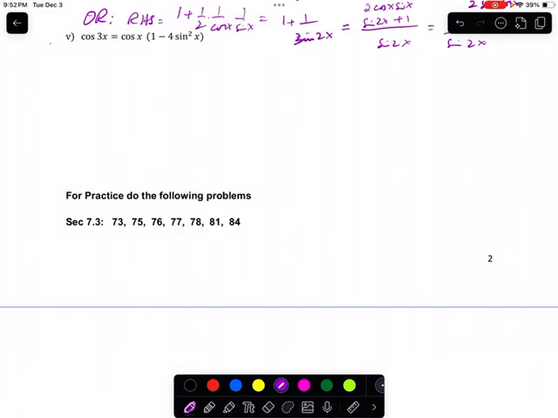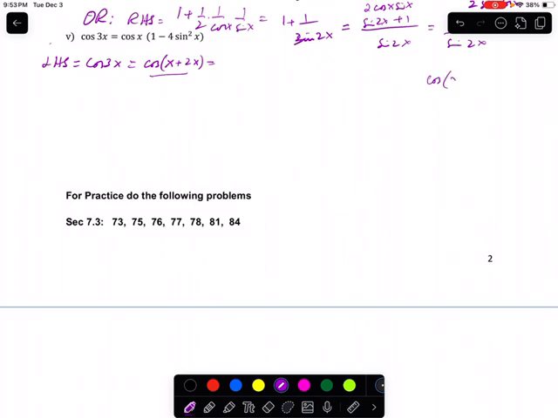I'm going to take the left hand side, which is cosine 3x. Going to write it as cosine of x plus 2x, which means cosine square x minus cosine square, minus sine square, sorry, wrong. What is the formula? So we have to apply the formula for the cosine of a sum.